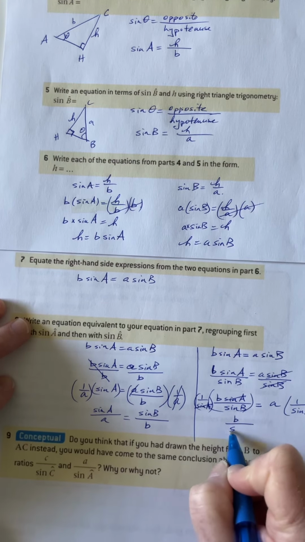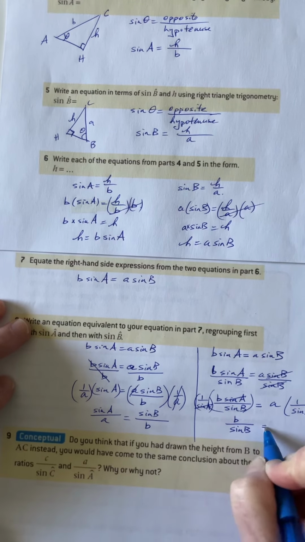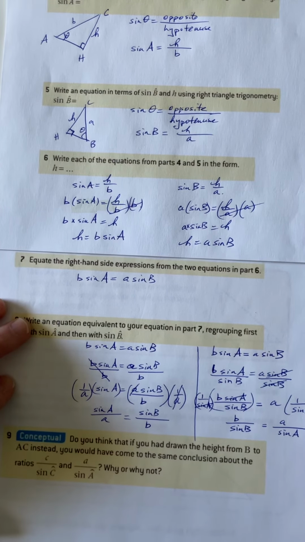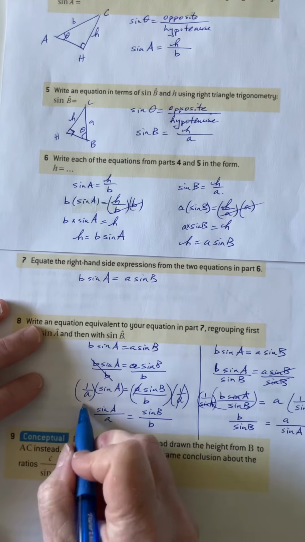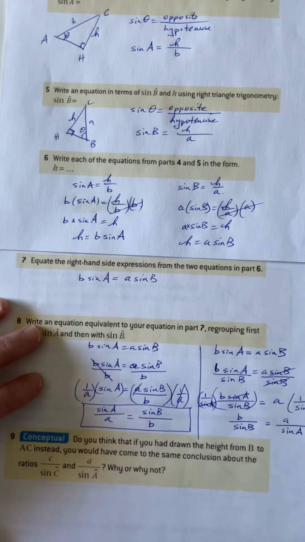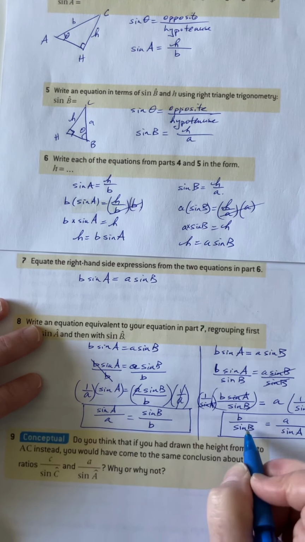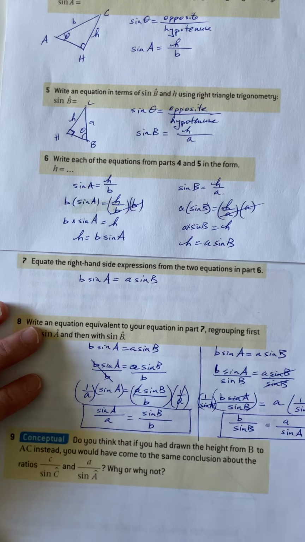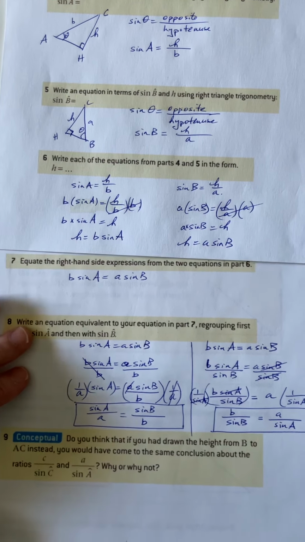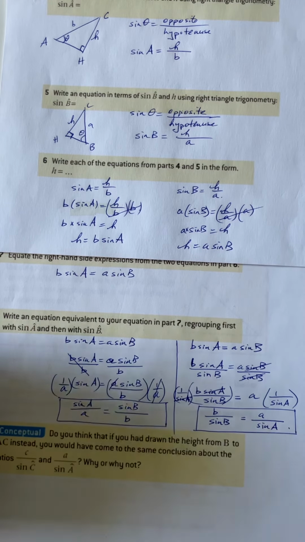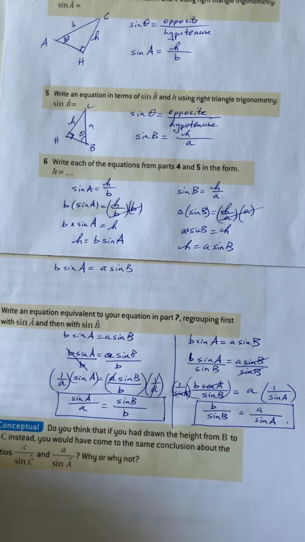Over here we're left with B over sine B equals A over sine A. All right, so notice sine A over A equals sine B over B, or B over sine B equals A over sine A. Okay, this is going to be the important formula that we're going to study.